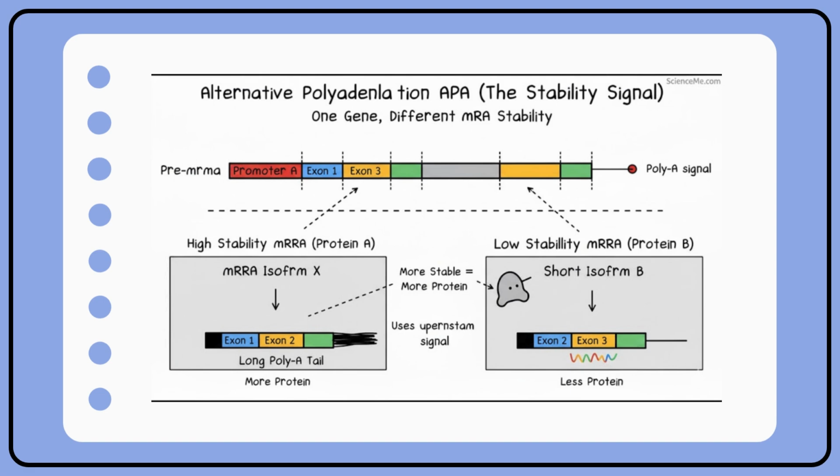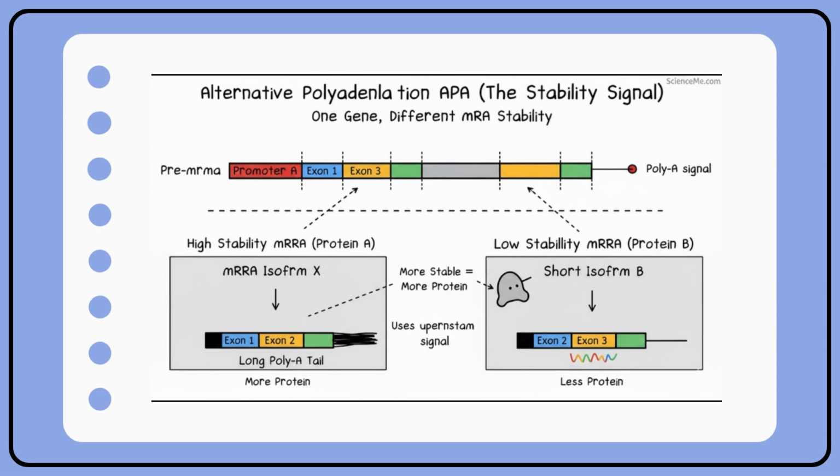In the next strategy, which is alternative polyadenylation, the cell can modify the tail end of the RNA message. This poly-A tail is crucial because it can affect the RNA's stability, which means how long the mRNA molecule can hang around.